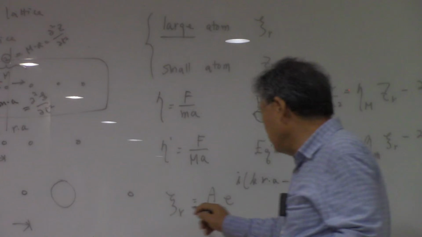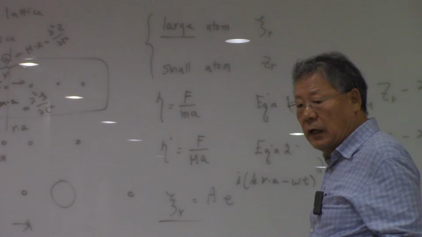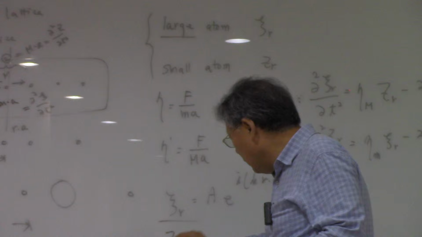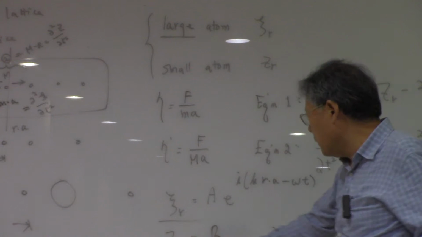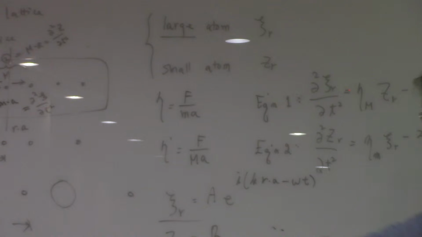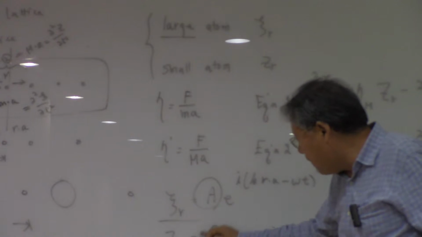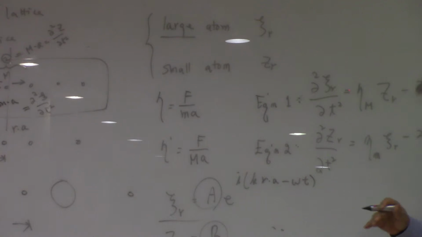That is a general solution for the psi R, okay? For the ZR, we are going to have some equation solutions like this. And then here, the A and B just show us the amplitude of the wave.